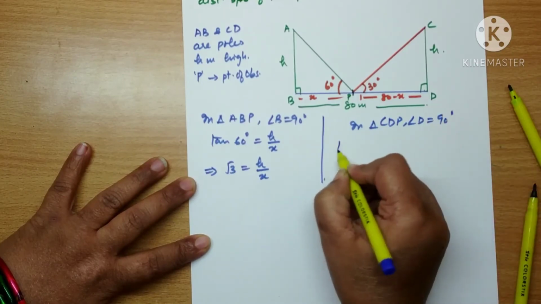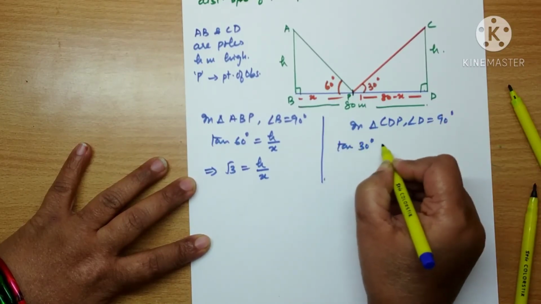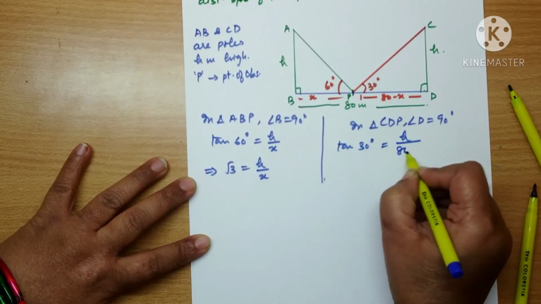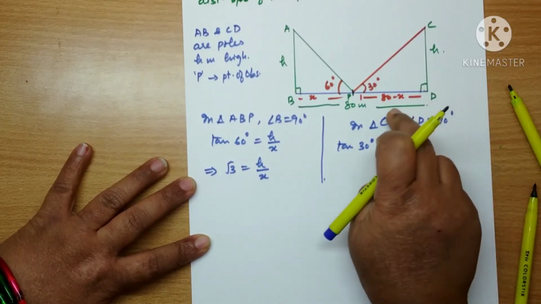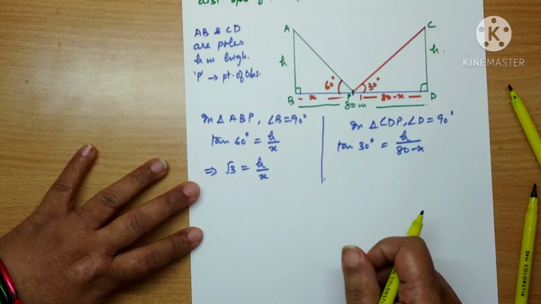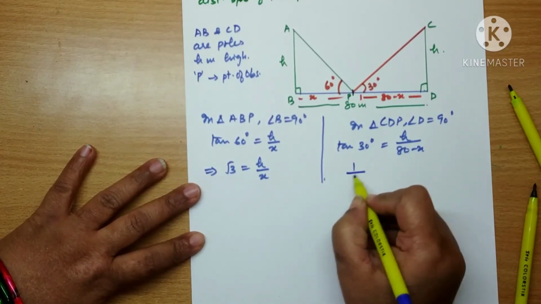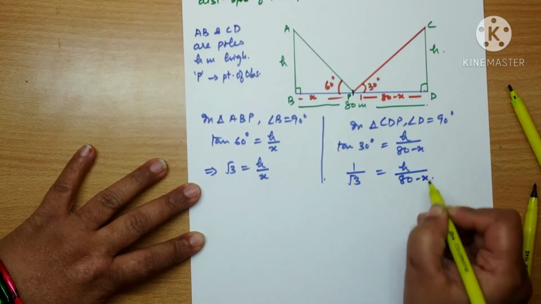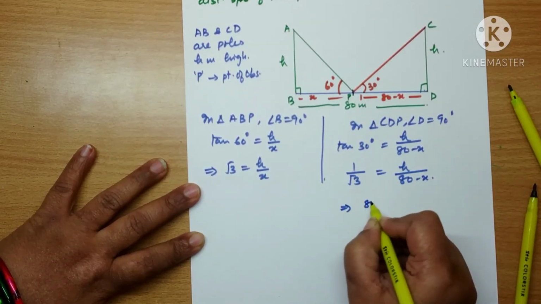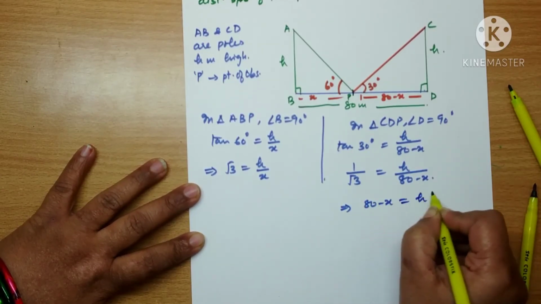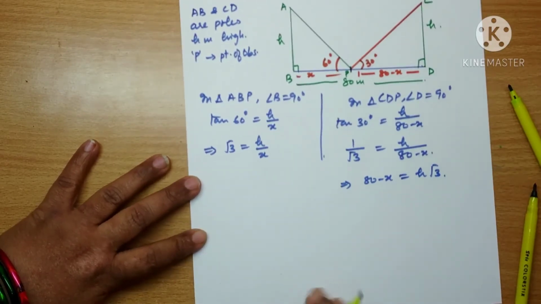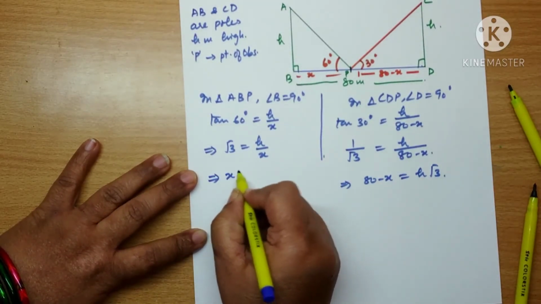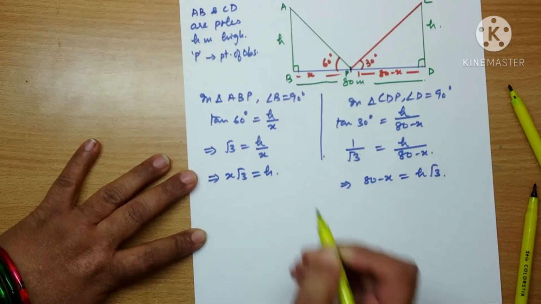So I have tangent 30 equal to h upon 80 minus x, since I had perpendicular and base, so tangent comes into the picture. Tangent 30 we know is 1 by root 3, so 1 by root 3 is h by 80 minus x. So I have 80 minus x is equal to h root 3, and here I have x root 3 is equal to h.